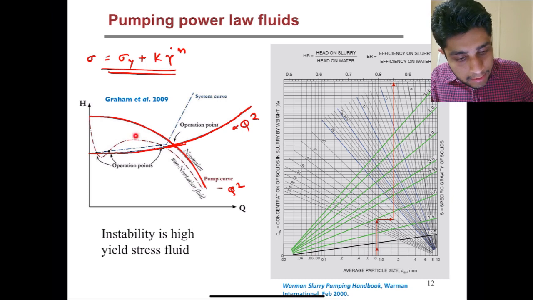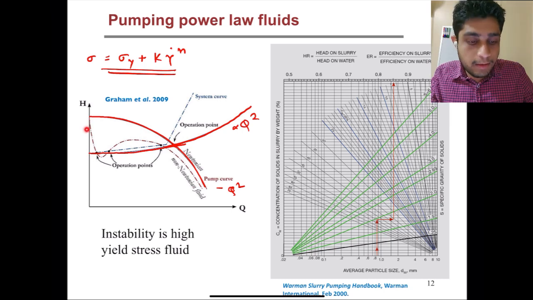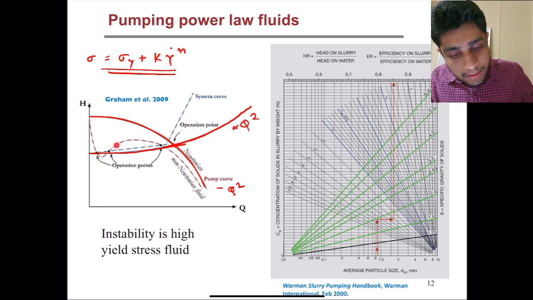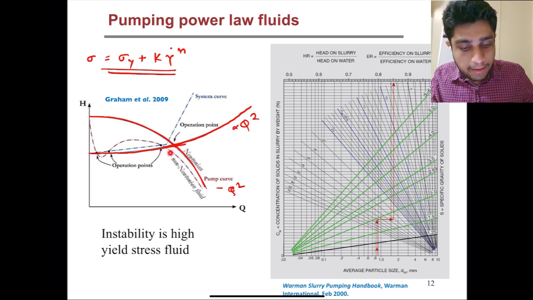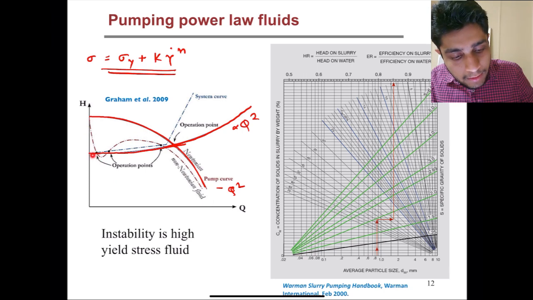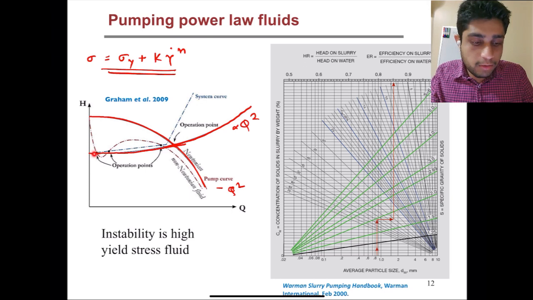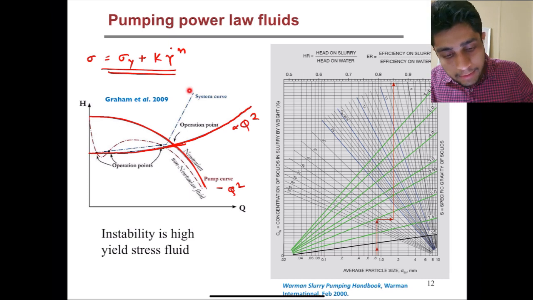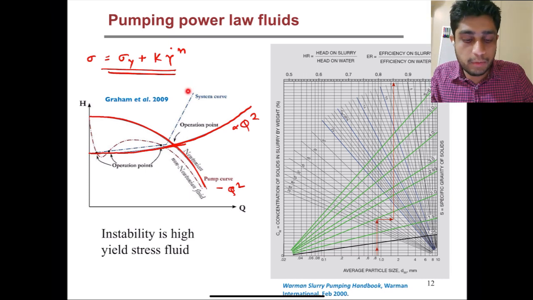And as you can see, it is not a simple curve like in the case of a Newtonian fluid. It initially dips, attains a minima, then again increases, attains a maxima, and then continues dipping like in a Newtonian fluid. And also the system curve is not monotonically increasing like in the case of a Newtonian fluid. It increases with a certain slope, then after a while it increases with a different slope.